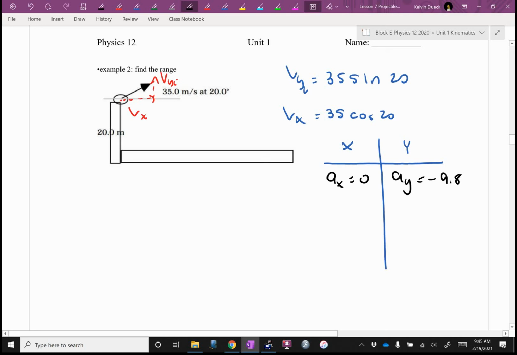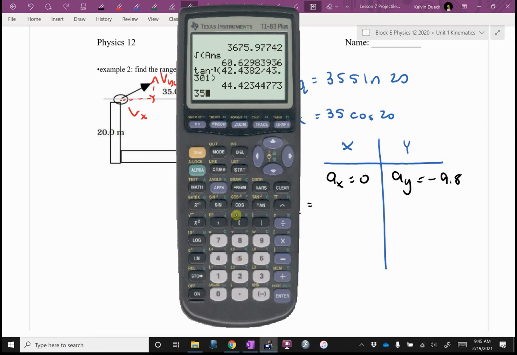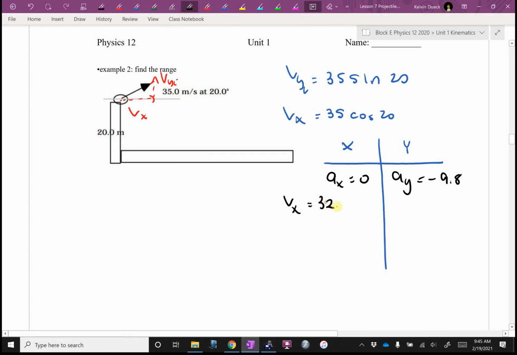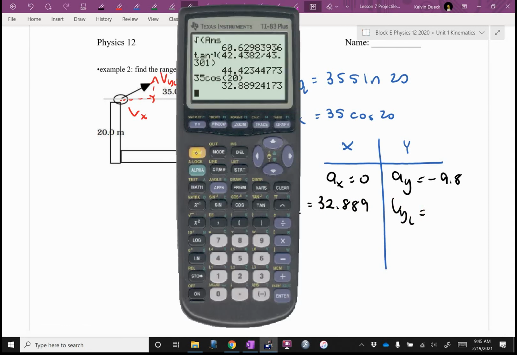Now, Vx, let's see. 35 cos 20 is 32.889. Vy initial, 35 sine 20, is 11.9707.